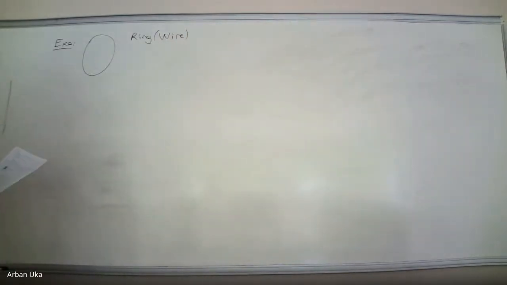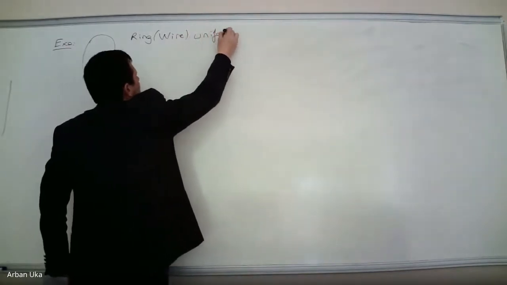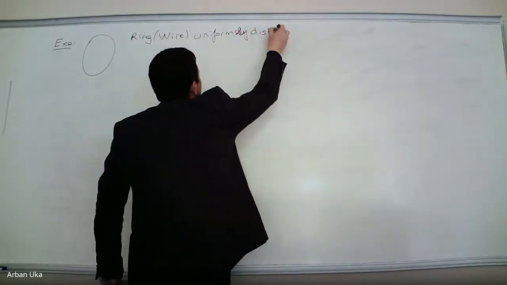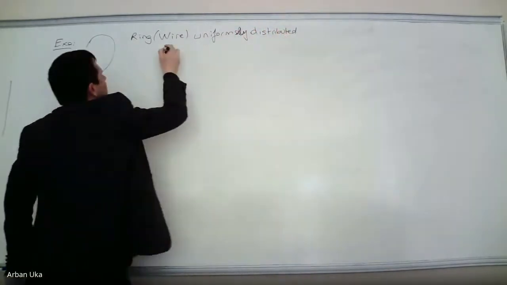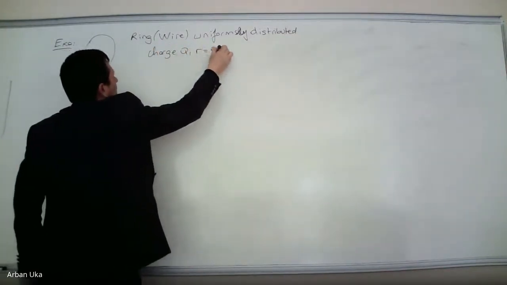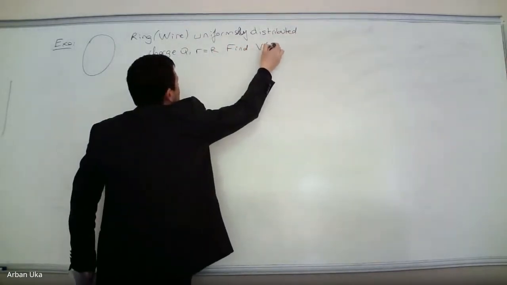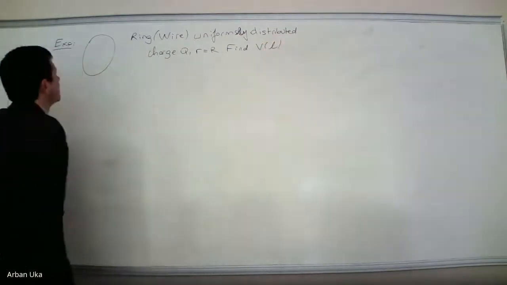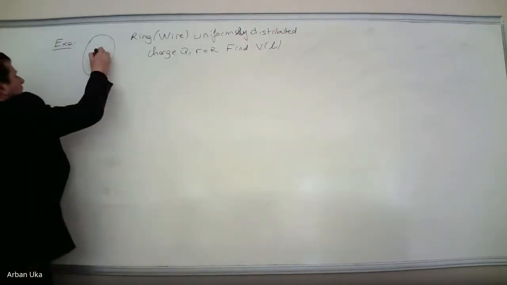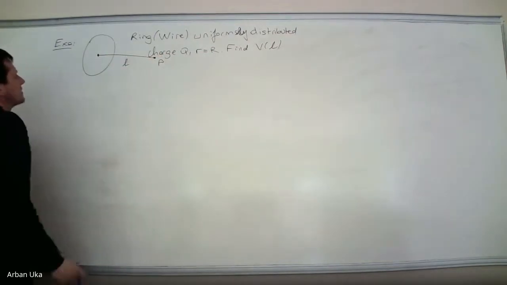It's a wire which has a uniformly distributed charge Q, and radius is equal to R. Find V at the distance L. Okay, so let's pose the problem like this. So the distance is L. That means from the center we are at the point P, distance L.